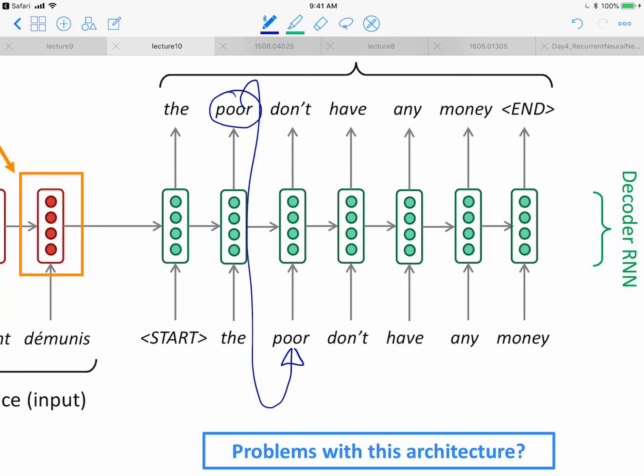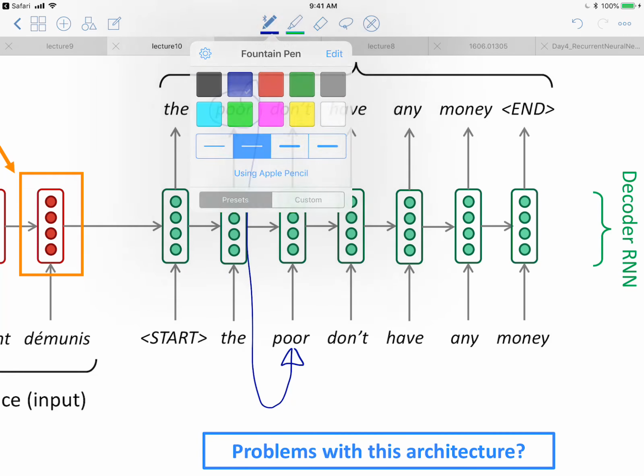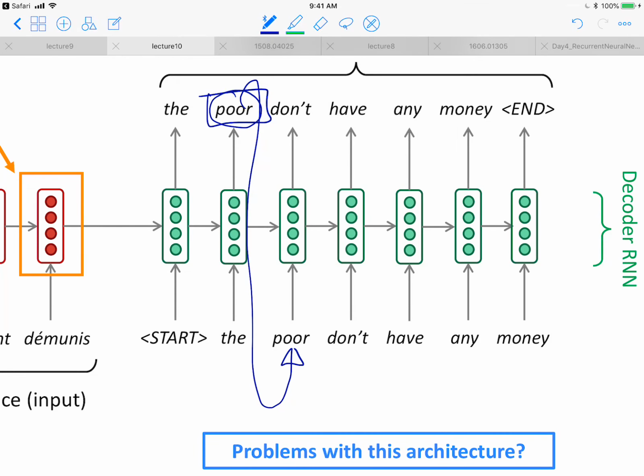Actually this information may not be necessary, because this keyword 'poor' was generated from the linear layer and then the softmax layer by using this vector H2, right?